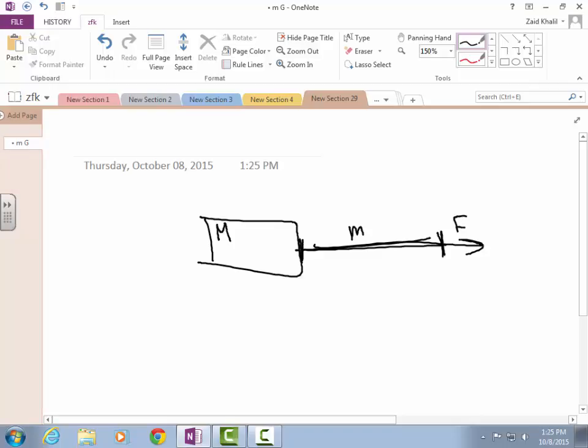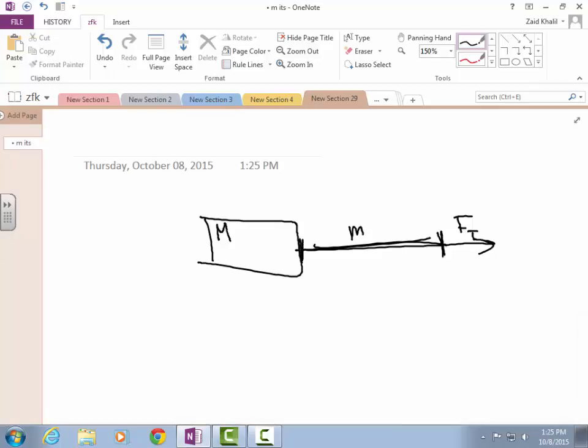Let's do a free body diagram on this. You're applying a force of tension here, correct? So that force of tension is going to be a net force acting on this thing, correct?